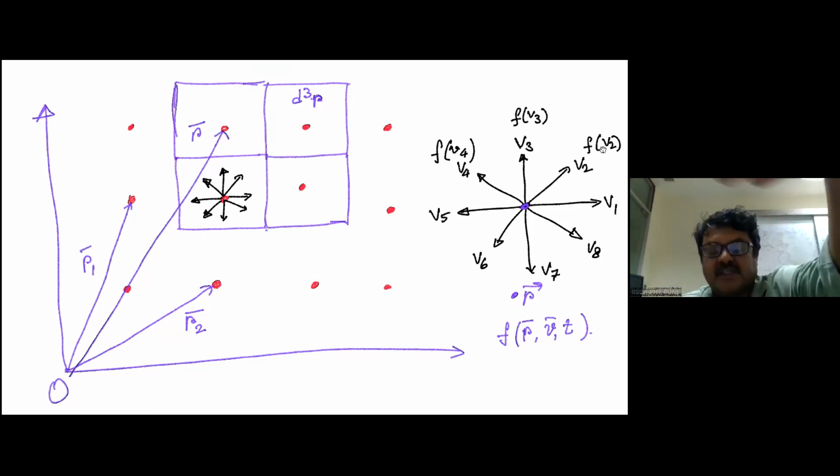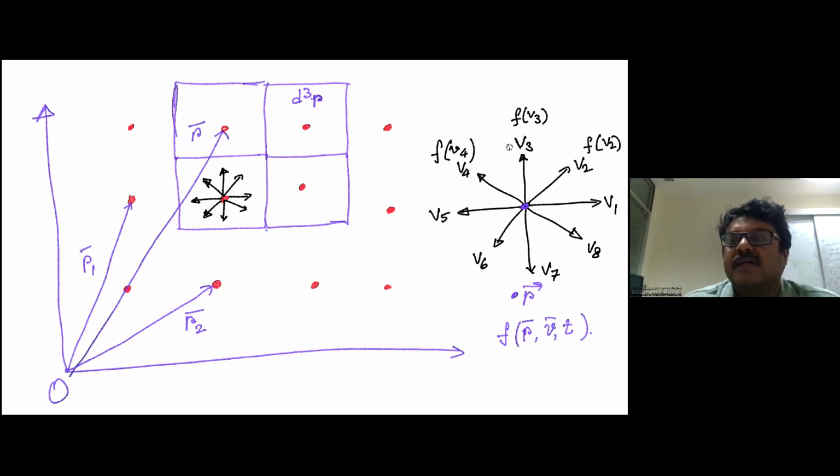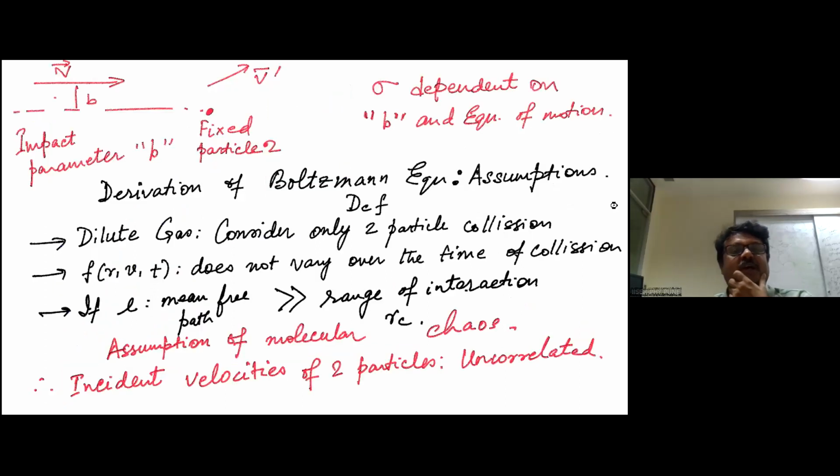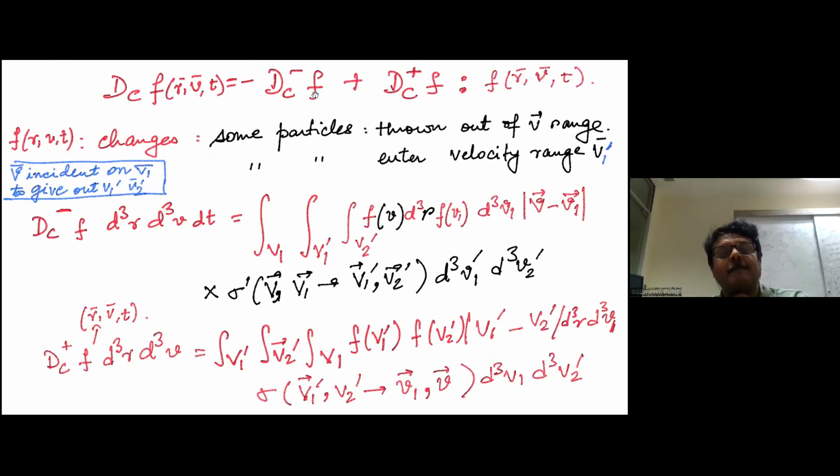Of course you have to consider energy and momentum conservation, but I'm giving the picture. These are going to decrease, and that is going to result in some of the particles which had these velocities starting to move with velocity v1, as a consequence of which f of v1 at position r at time t is going to increase. So the effect of collision will be the sum.